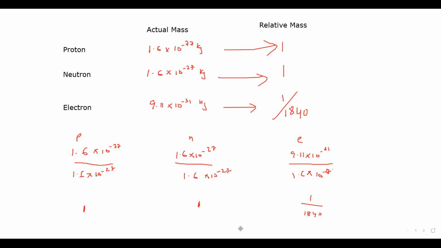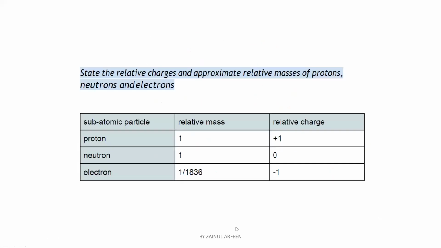So you have to learn their relative masses. The relative mass of proton is 1, the relative mass of neutron is 1, and the relative mass of electron is 1 divided by 1836, or you can also say 1 divided by 1840. Basically you have to memorize these.